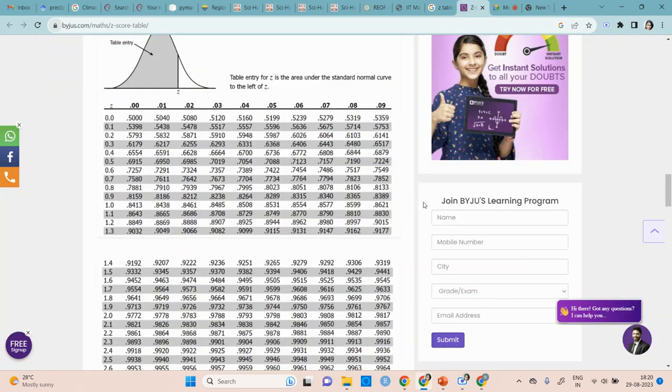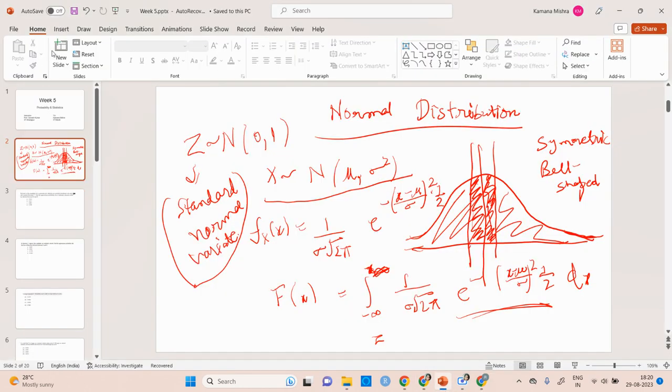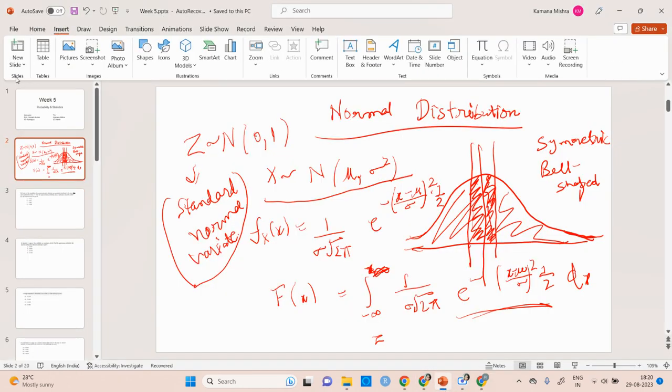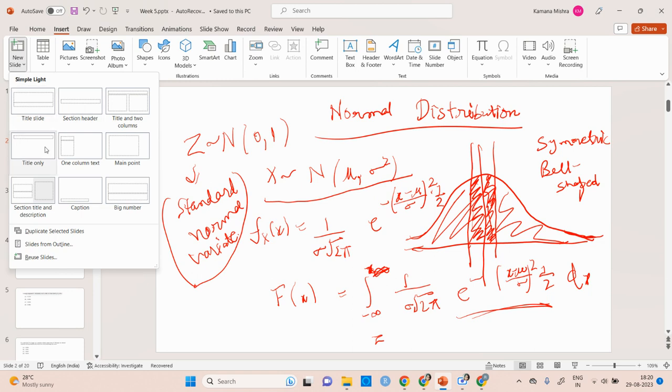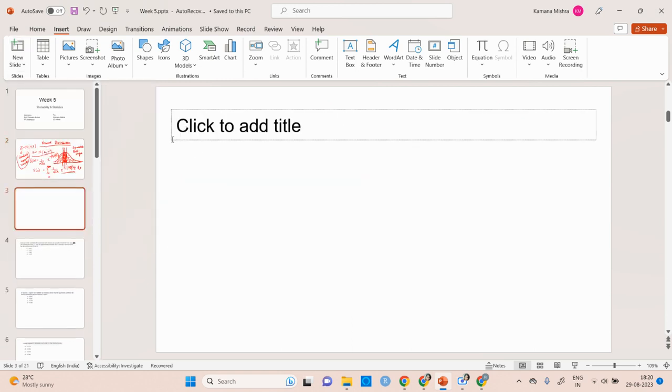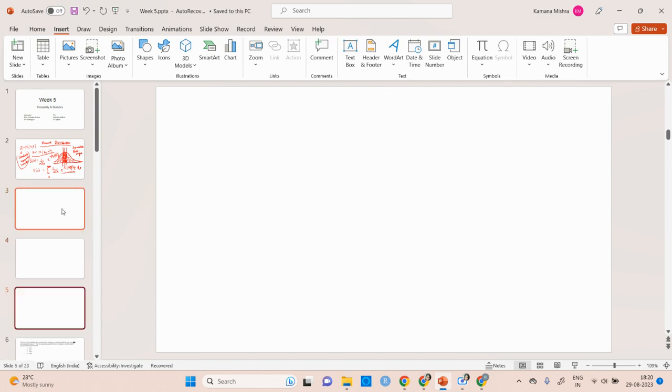What we do here is that, now what is the need of this standard normal variable?